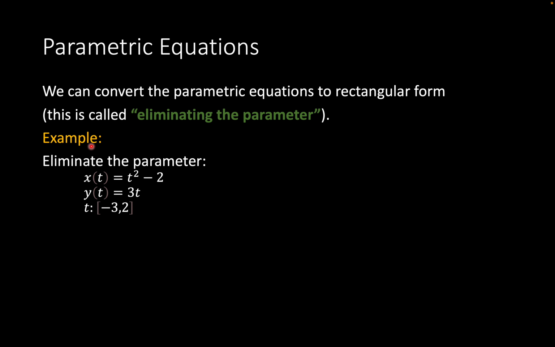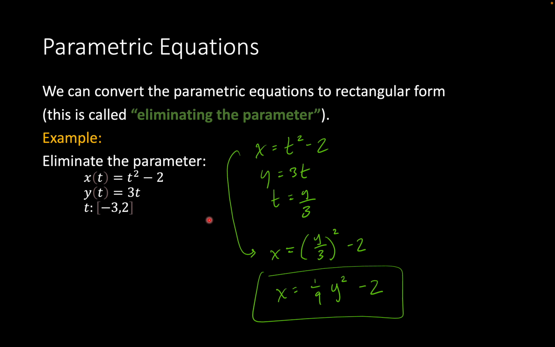If we were to do that in the example we just worked with, we could simply express t from the equation y equals 3t, so t is y over 3, and then I take this expression and plug it back into the equation for x, so I would get x is y over 3 as a quantity squared minus 2, so that is 1 over 9 y squared minus 2.